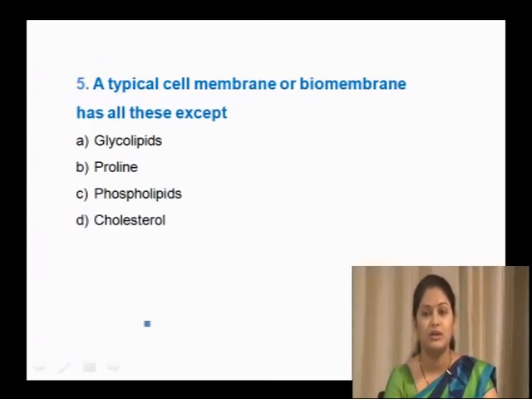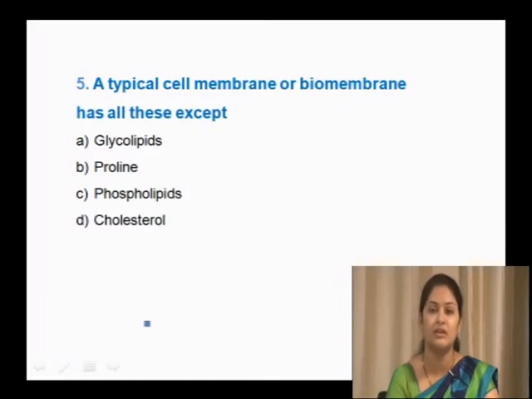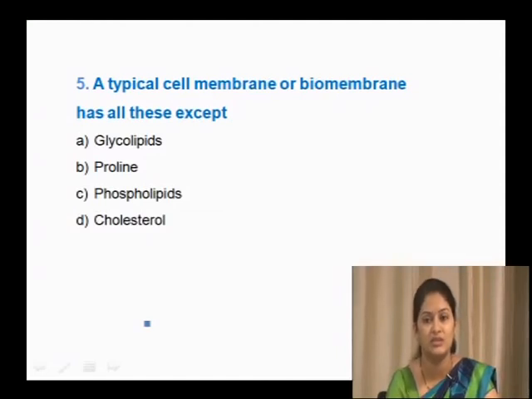Moving on to the fifth question. A typical cell membrane or biomembrane has all these except. The question wants us to understand the chemical nature of the plasma membrane according to Singer and Nicholson, who proposed the fluid mosaic model. Plasma membrane contains 2 layers of phospholipids, that's why it is referred to as bilipid layer, and in between these lipid molecules you can find different kinds of proteins classified into intrinsic proteins, extrinsic proteins and transmembrane proteins, and you can also see cholesterol.